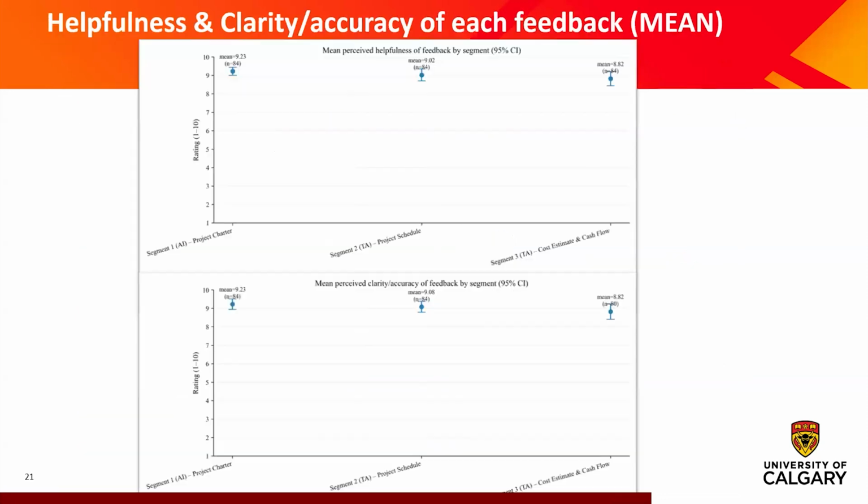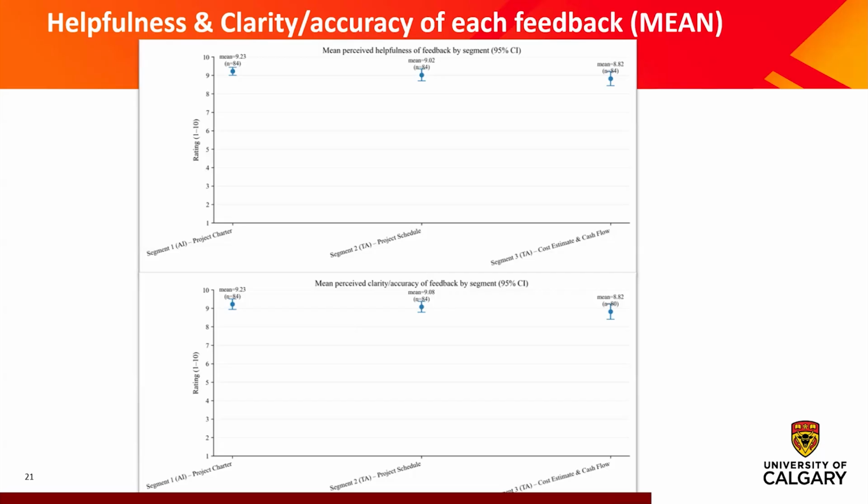So on the next slide, you can see this figure showing the average rating for helpfulness and clarity or accuracy. Each bar represents 1 segment. So we can compare segment 1, which is AI feedback, with the segment 2 and 3 TA feedback.